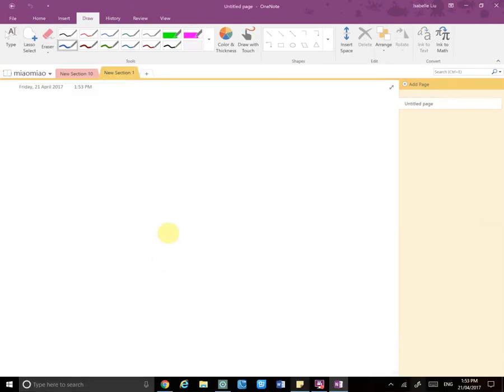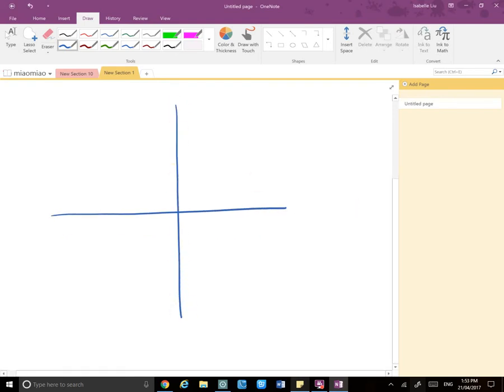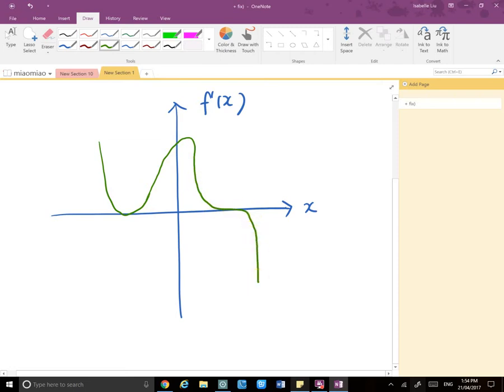There's another type. Another type is they give you the graph. They tell you that's an f dash x graph. Okay, this is a little bit harder than the previous type I gave you. So let's say we have a graph like that.